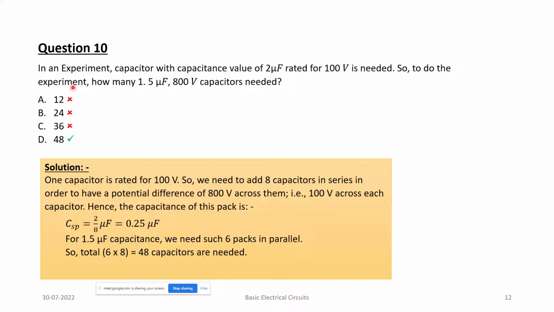So to do the experiment, how many 2 microfarad 100 volt capacitors are needed to obtain this value? This should be the question, right? Please check and tell me if I am right or not.